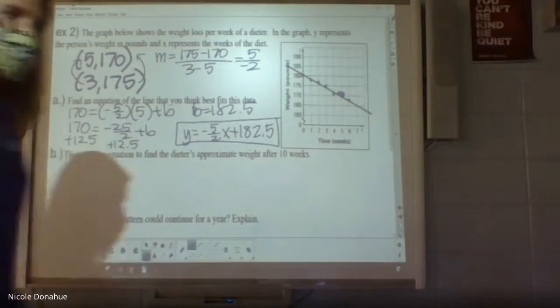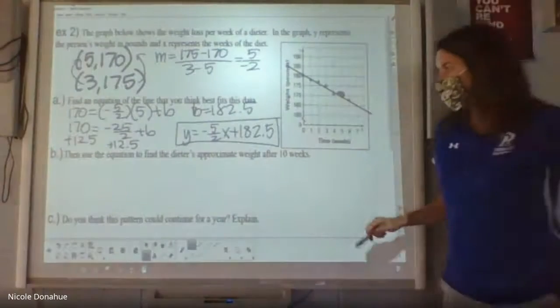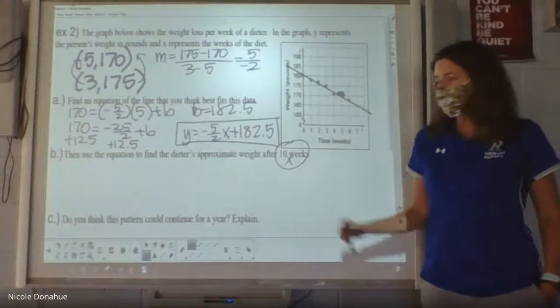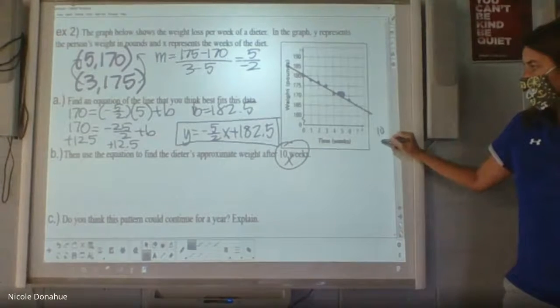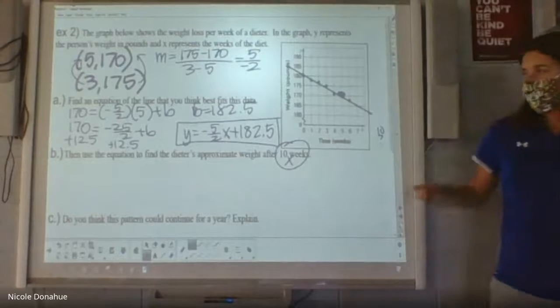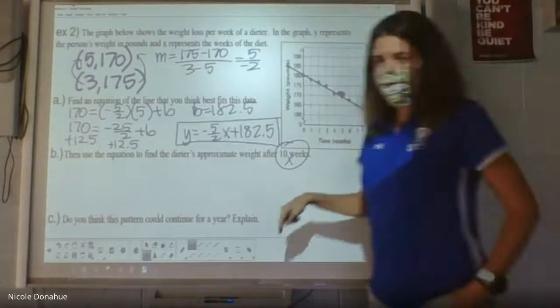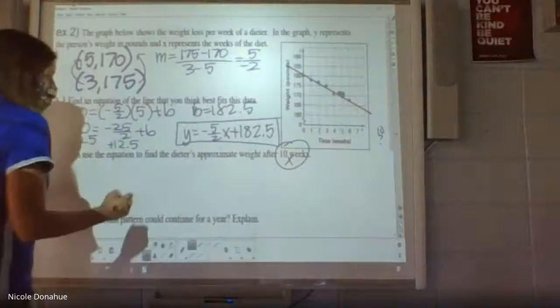What do you think, Matt? Yeah, this is our x. So we're going out here and saying, what happens at 10 weeks? We're going to put 10 in for x in our equation and figure out their weight.